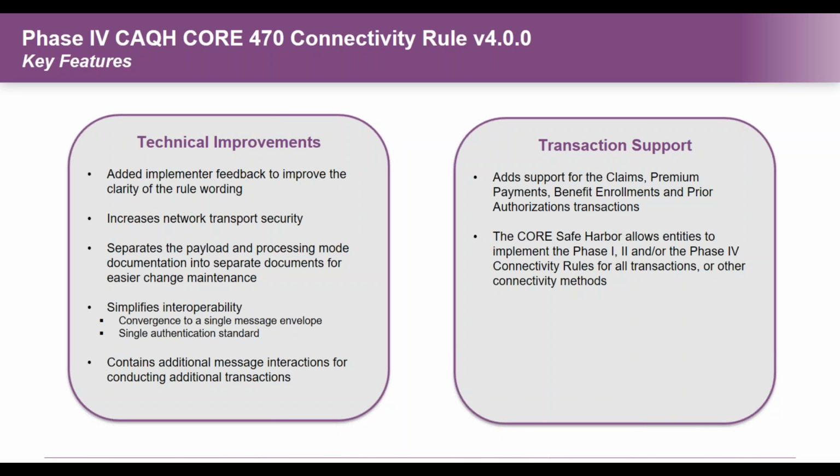So these transactions are the focus of this phase. And as Bob mentioned, this new phase connectivity rule is also a safe harbor, just like the phase 2 connectivity rule was a safe harbor. You can have other methods of connectivity with which you can conduct these transactions as long as you offer out this method to your trading partners.